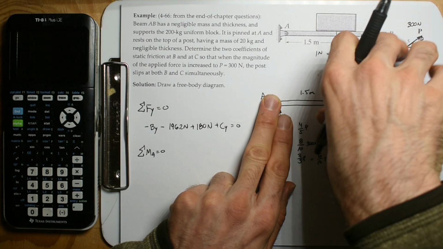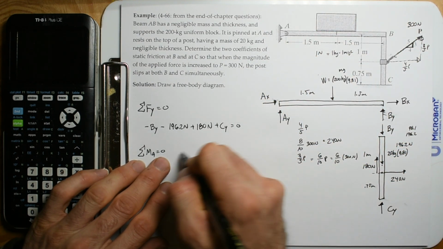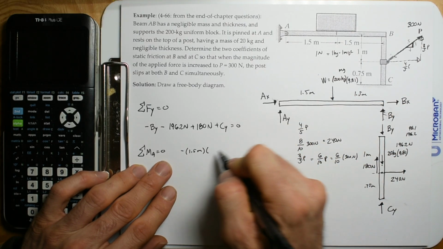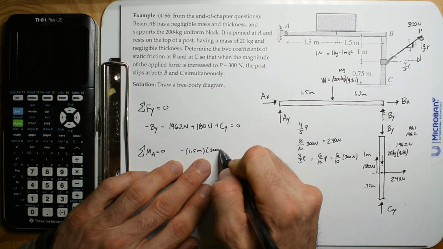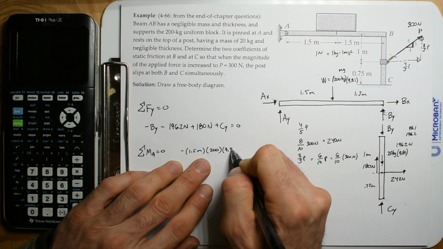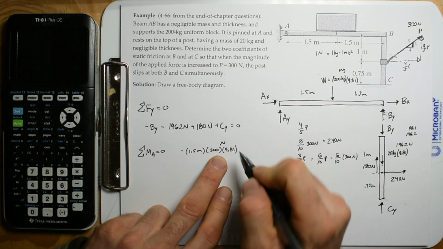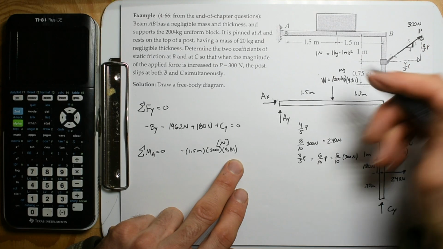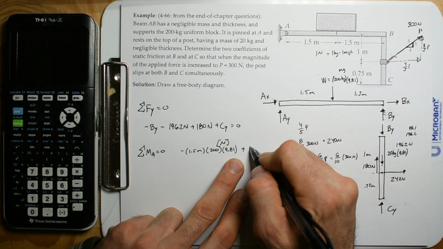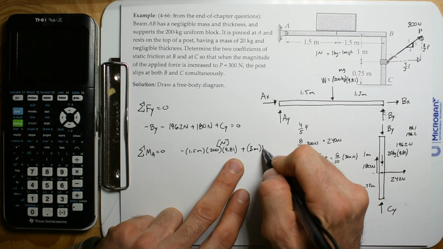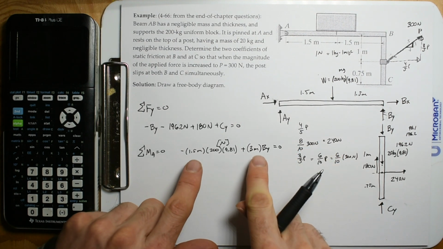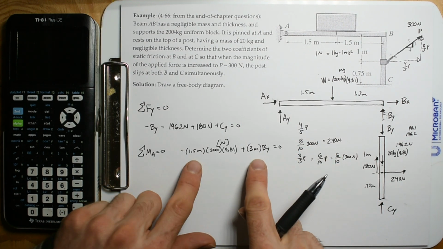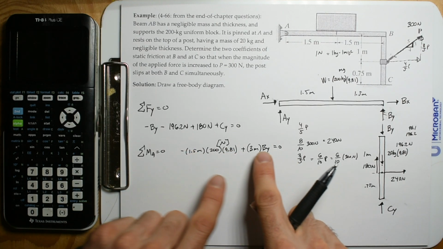So summing the moments about A, we have negative 1.5 meters times this 200 times 9.81. That's going to be a force in newtons. That's the units on that. And then the BY is going to be a positive 3 meters times BY. Those are the moments, and they sum to 0. Solving for BY is just getting this to the other side and dividing by 3.